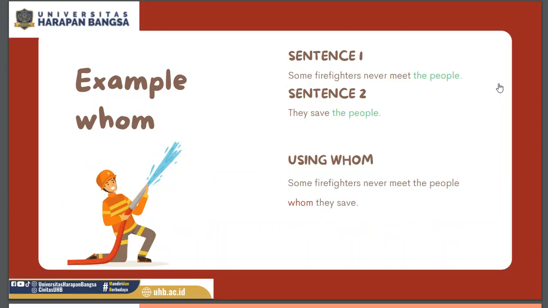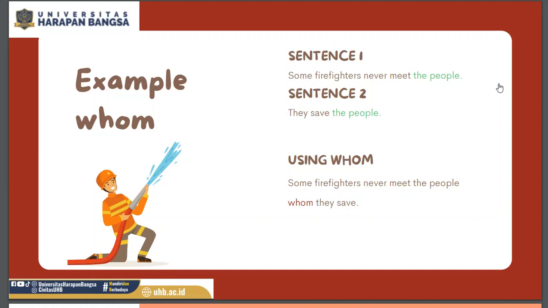Okay, next example, the use of whom, which is for people again, but it is used differently. For example, sentence 1: some firefighters never meet the people. Sentence 2: they save the people. So it becomes: some firefighters never meet the people whom they save.